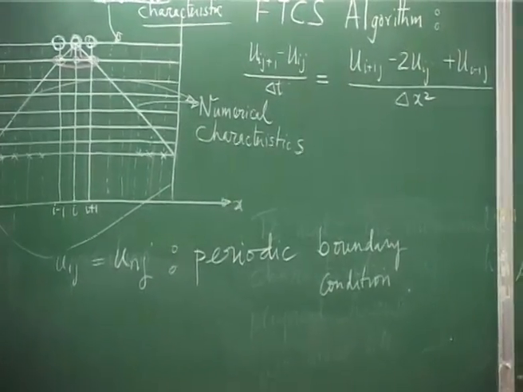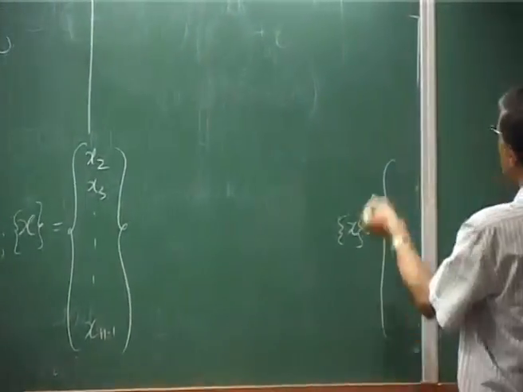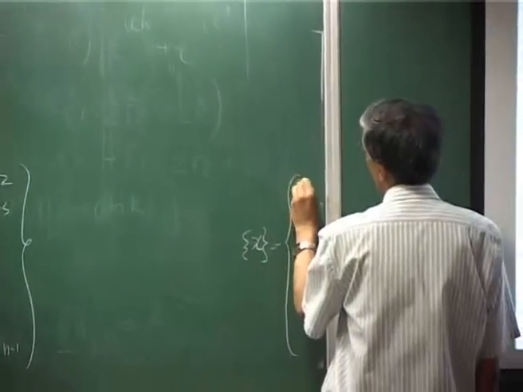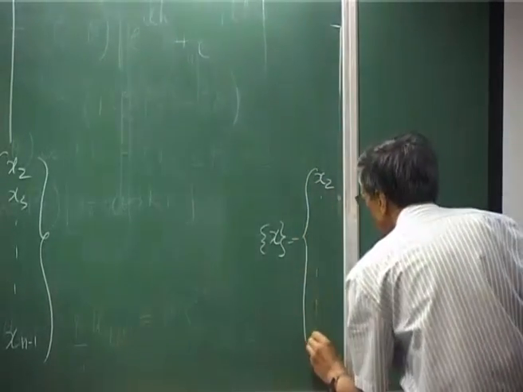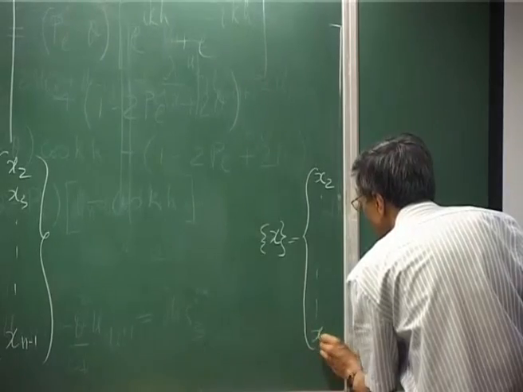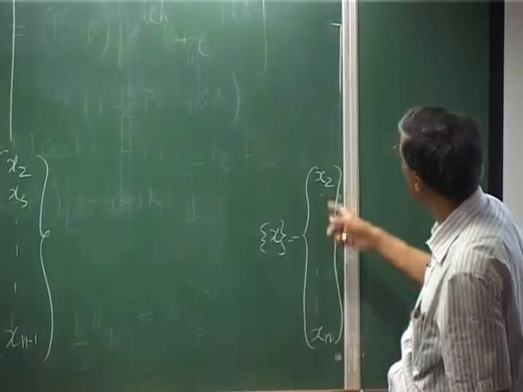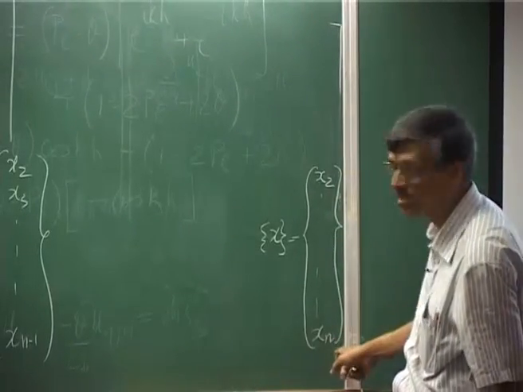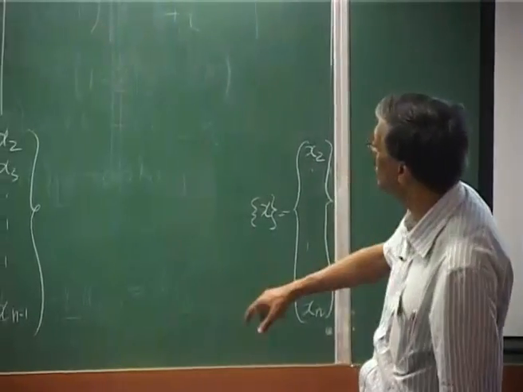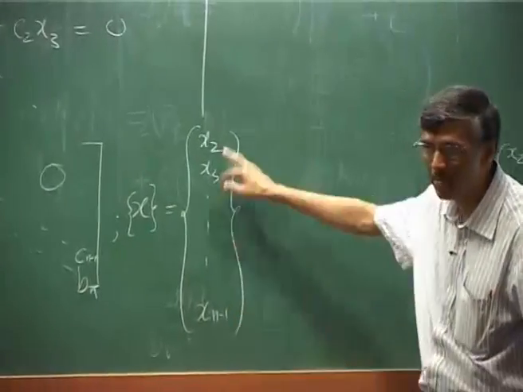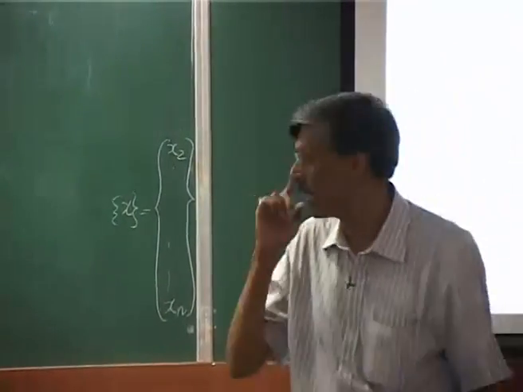If I were to write the x vector, I could start from x2 all the way up to xn. Now, you see the difference, because why did I not write x1? Because x1 equals xn. So I am just simply noticing that here the number of unknowns was n minus 2, here it is n minus 1. Okay? So the dimension is bigger.